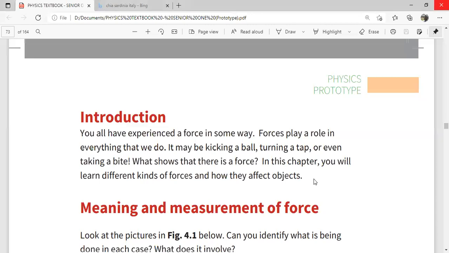Okay. If you're fine now, you read the introduction. I've lost Queen again.